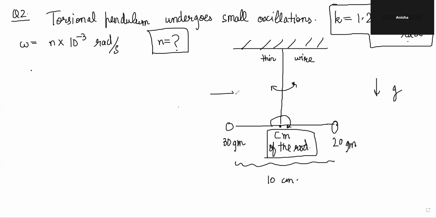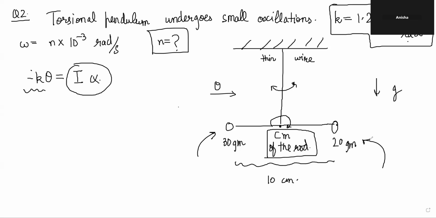If you twisted it by theta angle, the torque is minus k theta, restoring torque. So you should write minus k theta is equal to I alpha. Here the I alpha is for the big rod. That will tell us how the big rod is rotating. But the main part of the problem is calculating the I, right?